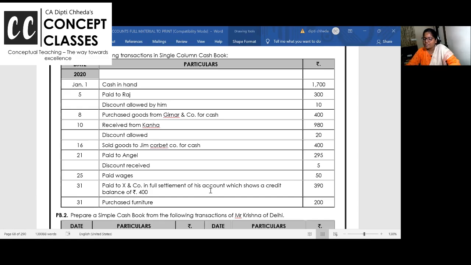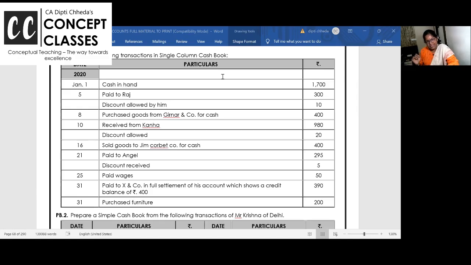How much you got the closing balance of the cash book? Share your answers. I am waiting. And if you are not doing, then do it now. I am here only. Do it now, if you haven't. Only one or two, if you are giving the answer, it will not help. I want everyone to do. Problem is there on the screen.